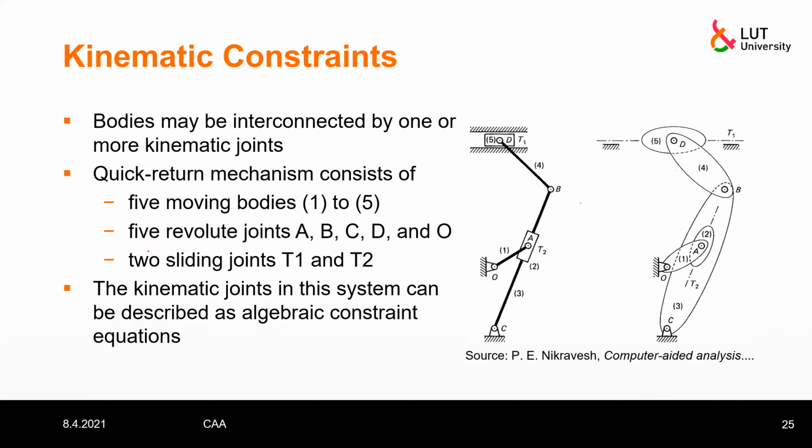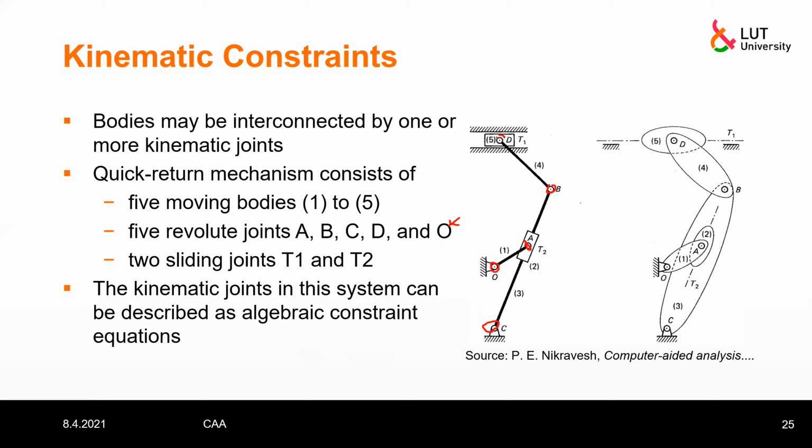And now what do we have here? We have 5 revolute joints, A, B, C, D, and O. One here, here, here, and they are usually denoted with circles.